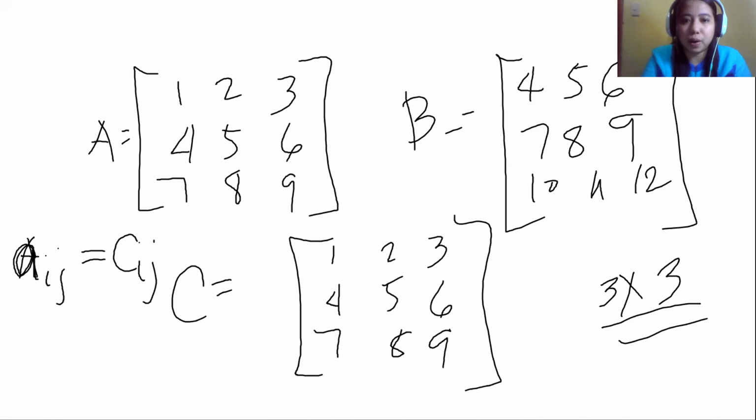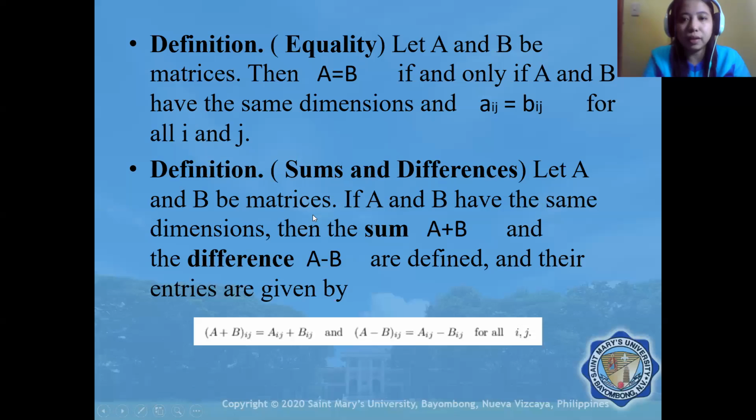So let's go back to our slide. Okay, number 2, the second definition: sums and differences. In our discussion of sums and differences, we showed that the sum or difference of two or more matrices can be performed if and only if they have the same order or the same dimensions.